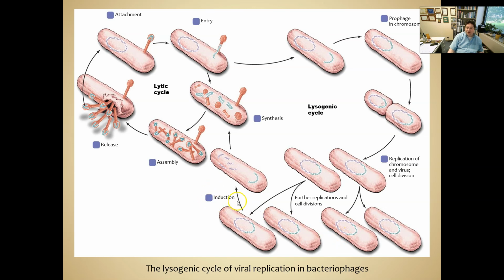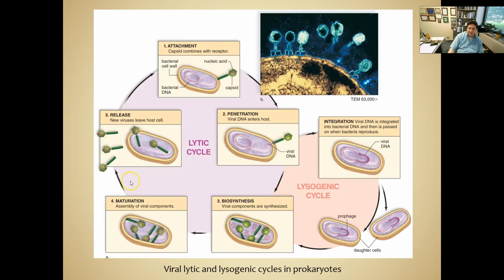Now, in induction, something happens that triggers this prophage out of a dormant state and into an active state. All right? Now it chops up the DNA, takes over the cell, assembles, and releases. So you can see them side by side here. This circle would be lytic. We'd go over here, integration, okay, and go this way for lysogenic.